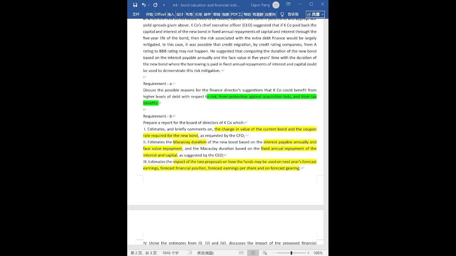And secondly, from the perspective of protection against acquisition bids, normally the predatory acquisition of one company by another could be undertaken for a number of reasons.